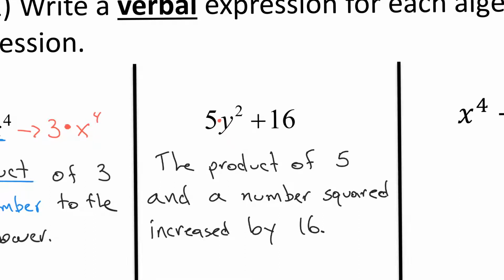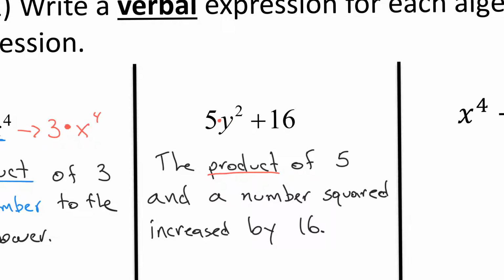So on the screen, you can see this option. There are many ways you can translate this into a verbal expression, but let's go ahead and understand what the sentence means. So we do have the product. Here product means multiplication, and notice that we are multiplying these two terms, the 5 and the y.